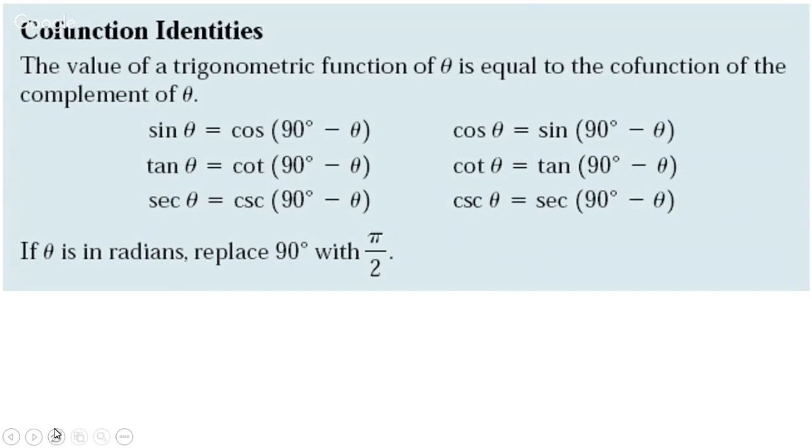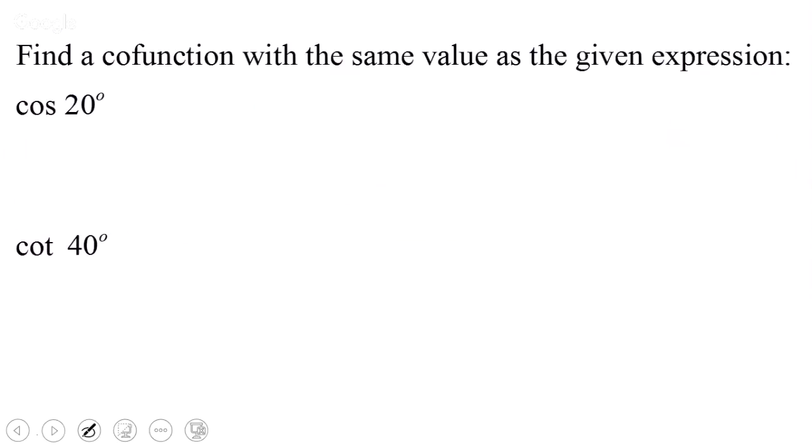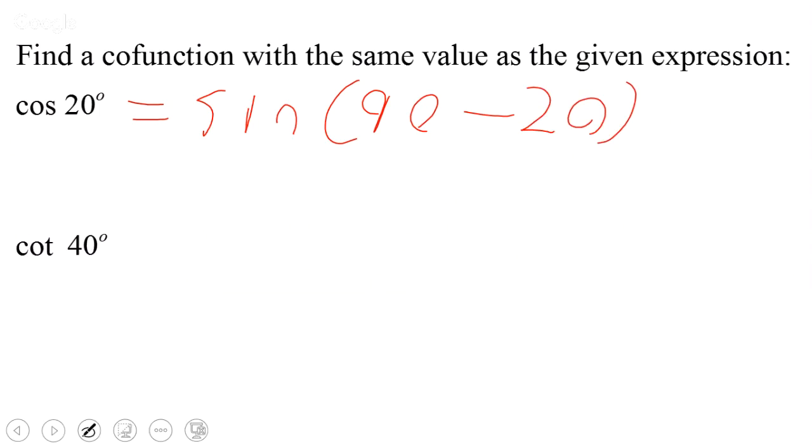So let's look at an example. Let's find the cofunction. Cosine's cofunction is sine of 90 minus 20, which equals the sine of 70. So cosine of 20 degrees is the same as sine of 70 degrees.